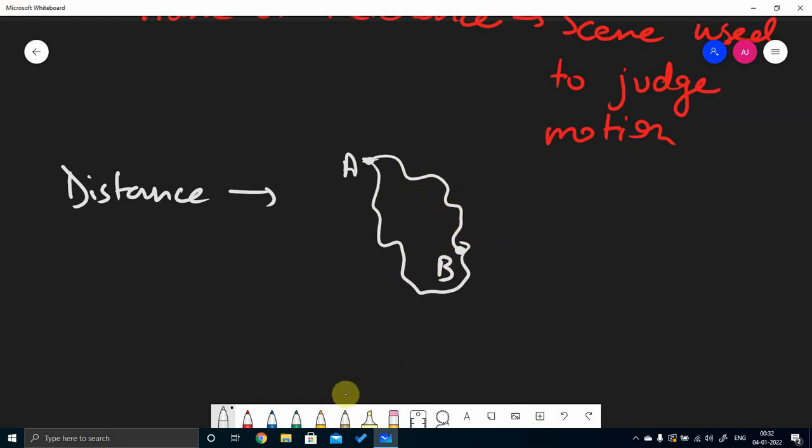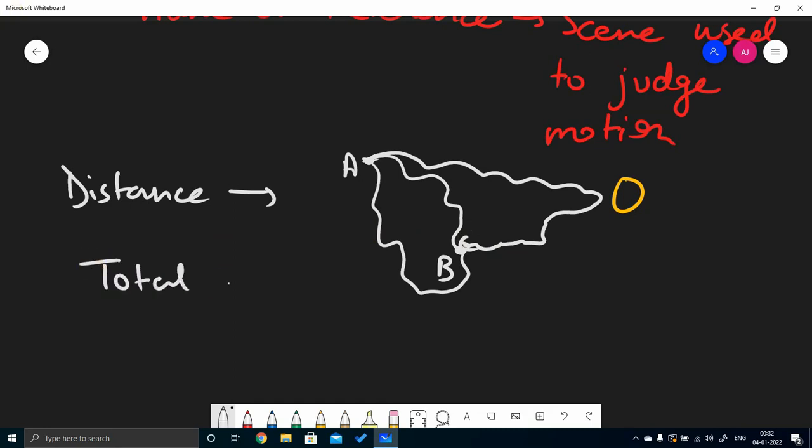Or let's say you want to be creative. Here's the sun. Let's say you go towards the sun, you burn, you turn hot, and now you go back to your girlfriend, right? So the distance is basically the total path length that is covered by an object moving from one point to another, right?